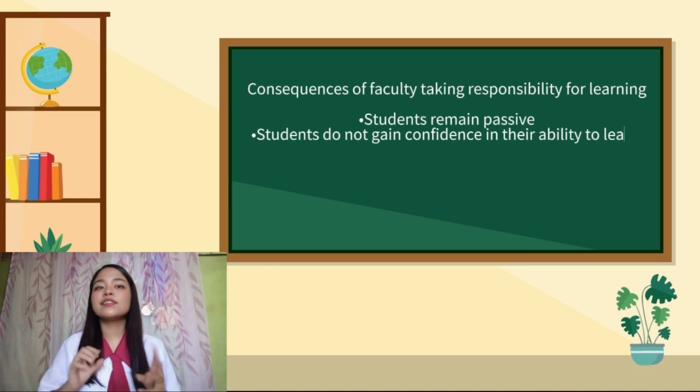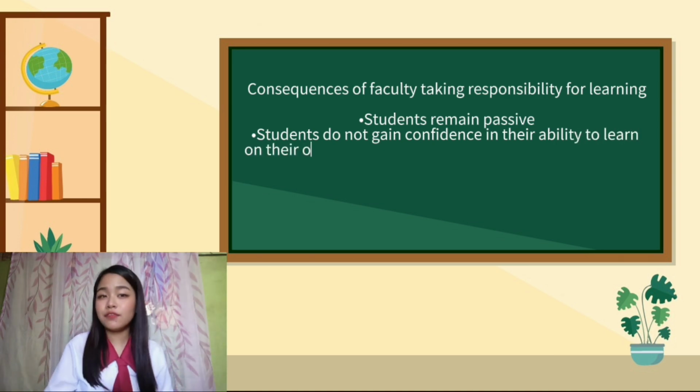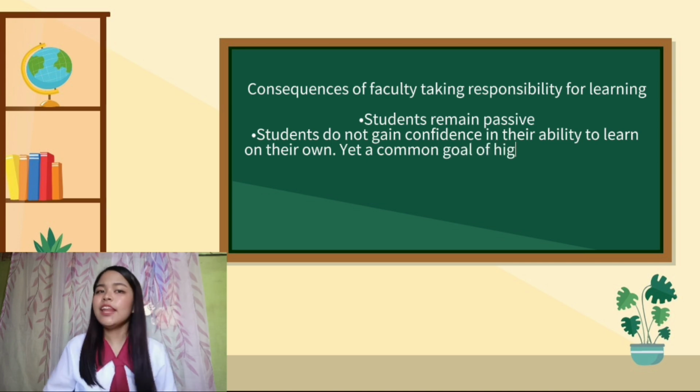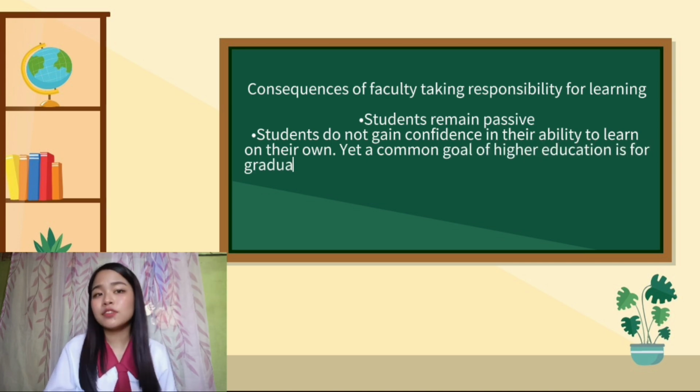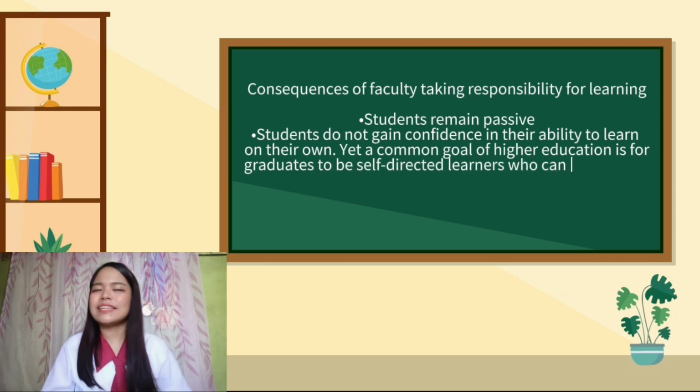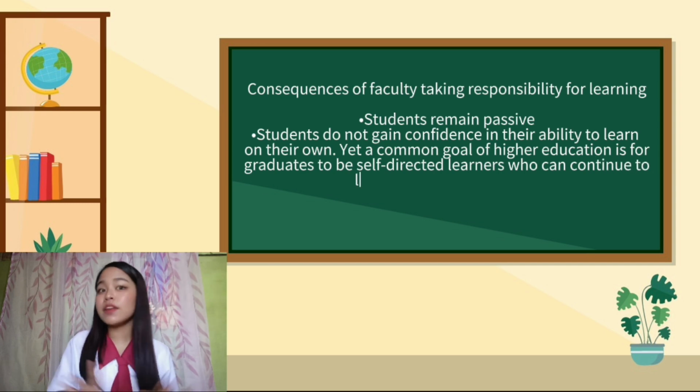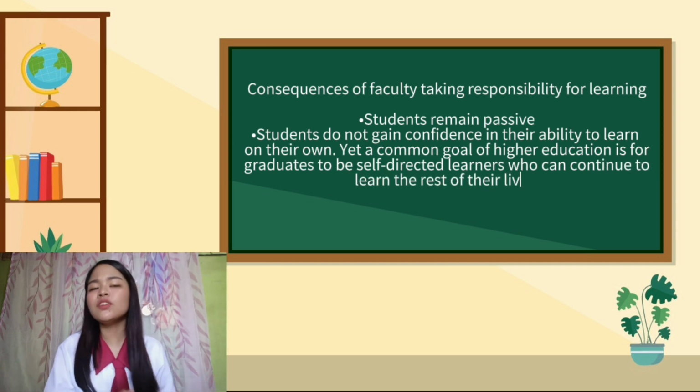So next is students do not gain confidence in their ability to learn on their own. Yet a common goal of higher education is for graduates to be self-directed learners who can continue to learn the rest of their lives. So this means higher education aims to produce self-directed learners who can continue learning throughout their lives.